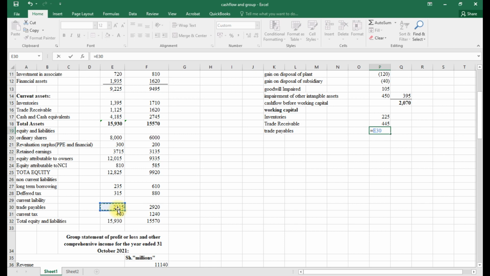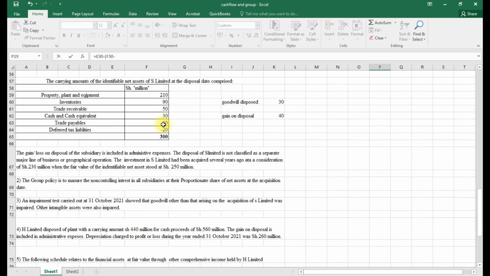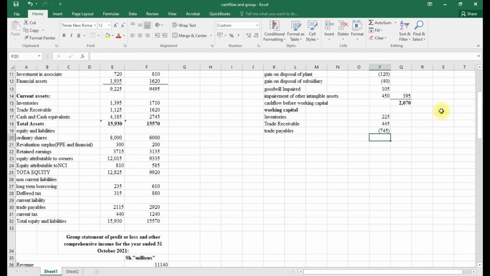We start with this, we minus the value at the beginning, and we minus, in bracket, the value at the beginning minus what we sold. We sold payable of 60, so here we'll put plus that value, okay, so we'll get 745.